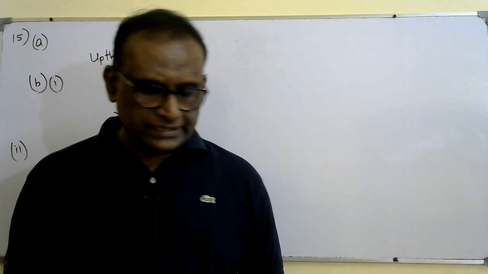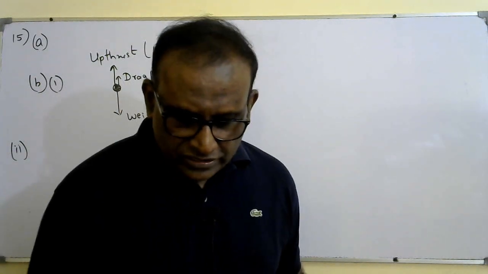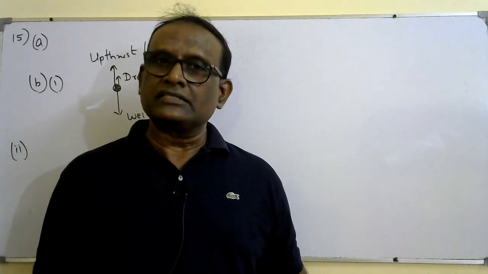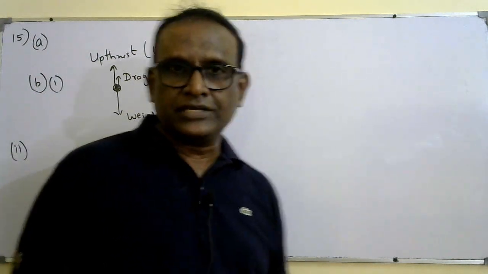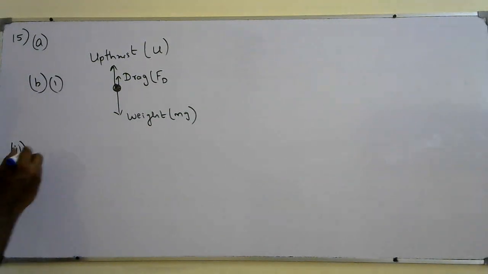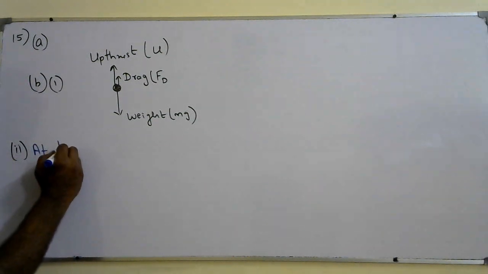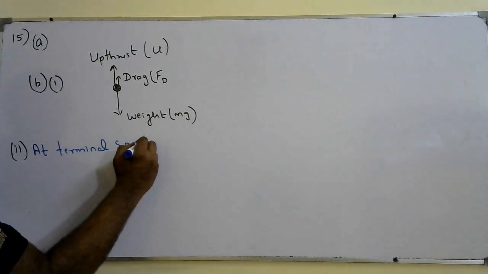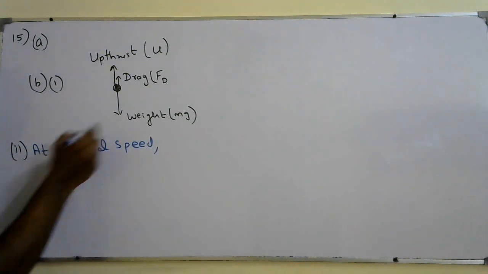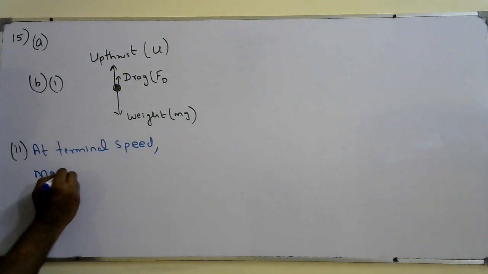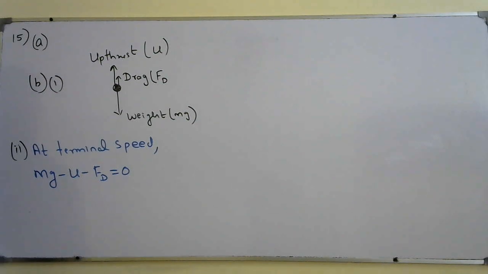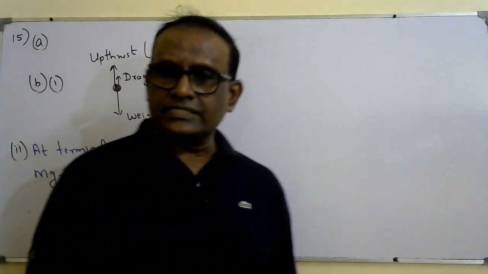Okay, so the equation is here. The resultant force is 0 because the speed is the terminal speed, the speed at which the resultant force becomes 0. So at terminal speed, we can say the total weight mg minus upthrust minus drag force equals 0, no resultant force, because it's moving at constant speed.